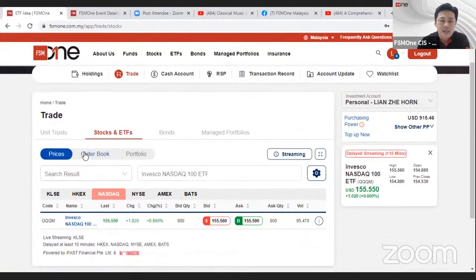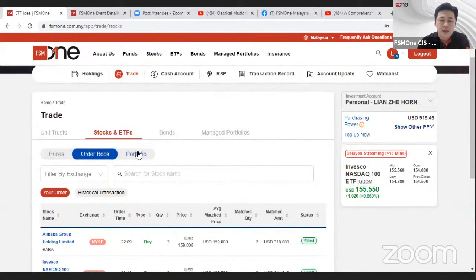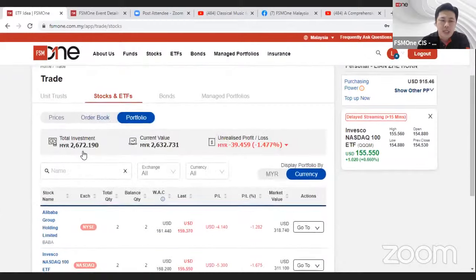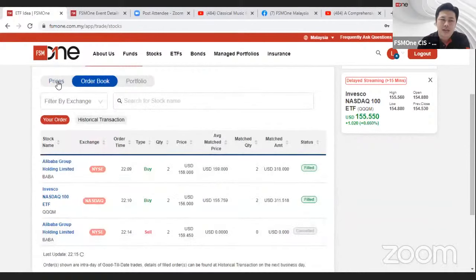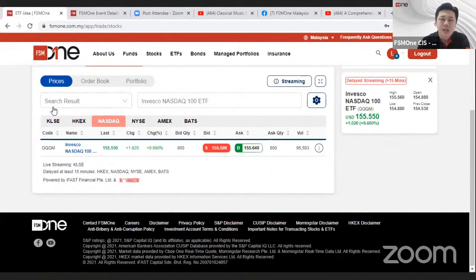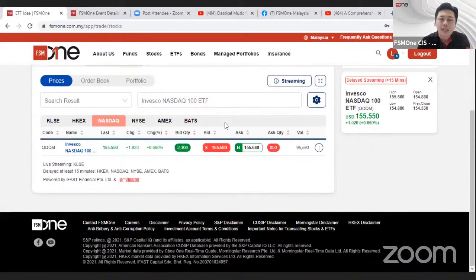So under here, there is the pricing, the live price, the order book and the portfolio. Basically, these are the 3 tabs that you will most likely use when you invest in the stock market. And this is where I explained to you before why you need to open a CDS account, even though you just want to invest in the Hong Kong or US exchange.